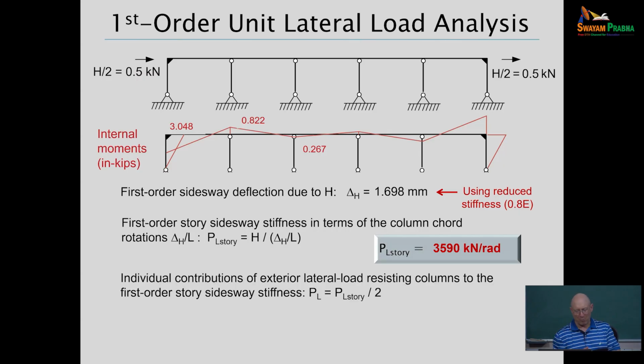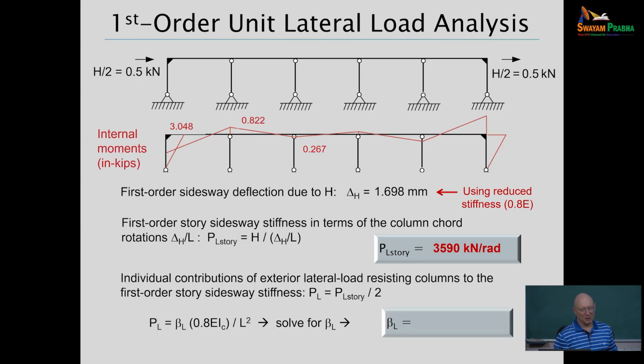If I want to think about, well, what are the two columns on the ends of the building doing? They're both essentially contributing half of that story lateral stiffness. So PL being just the lateral stiffness for an individual column, half of PL story here. This is just a way of trying to understand what sort of stiffness characteristics we have in our structure.